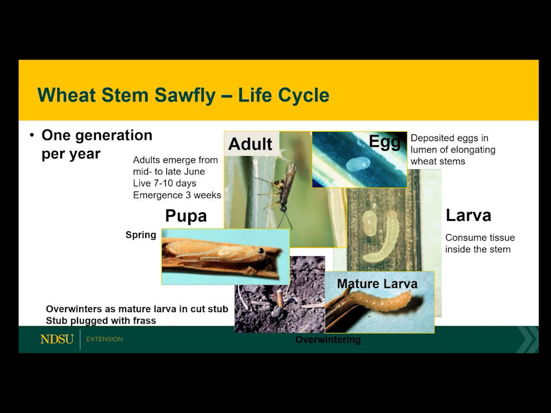They're overwintering. We want them to lodge over, and then they're hanging out in the residue. So that's our wheat stem sawfly life cycle.